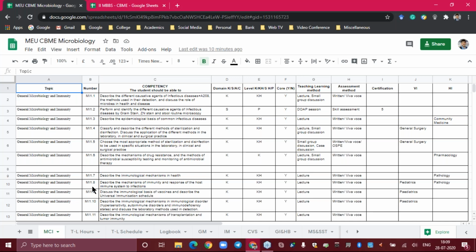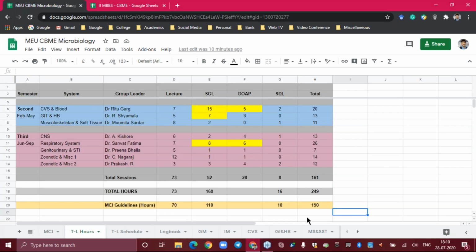Some of the systems still need to be reorganized, and objectives need to be modified. What is our aim is, first of all, to fit into this teaching learning hours as directed by Medical Council of India.